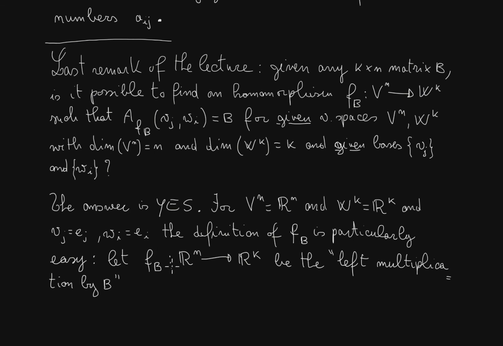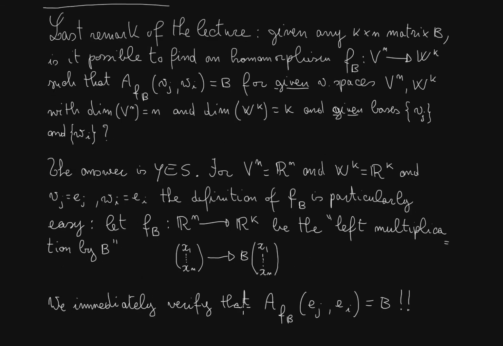Let f be defined as the map going from R^n to R^k, which takes a vector of R^n, we see it as a column vector, and we multiply on the left by B. We will end up with a k-dimensional column vector, which of course then lives in R^k. And one can easily show that left multiplication by B is a homomorphism, so it is linear.